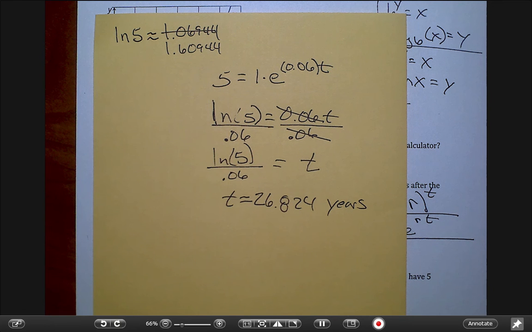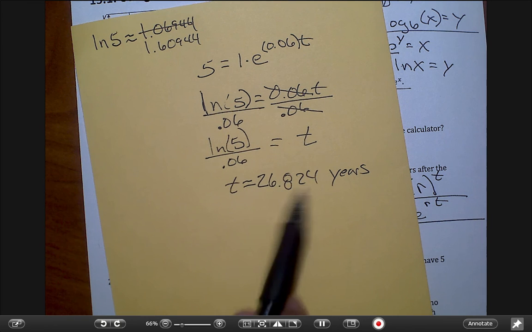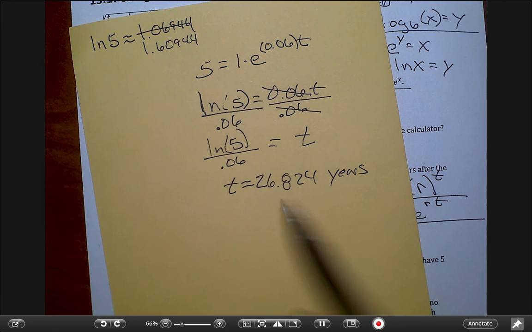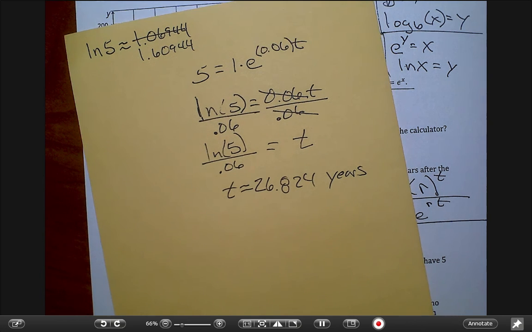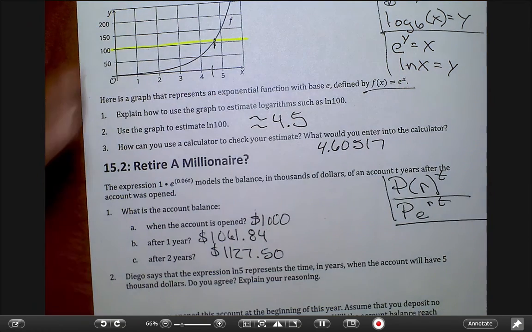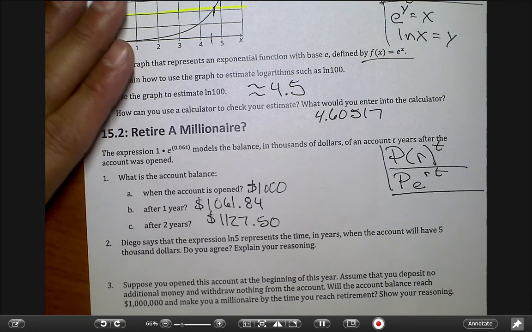It'll take 26 years for what? For my account to be 5,000. Yes. So that is incorrect to what they said. So it's about 26 years or 27 years, basically, for my account to finally hit 5,000. So I'm going to write down my reasoning here.